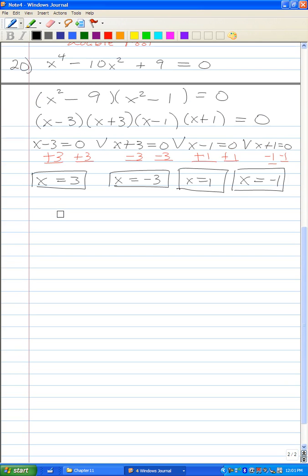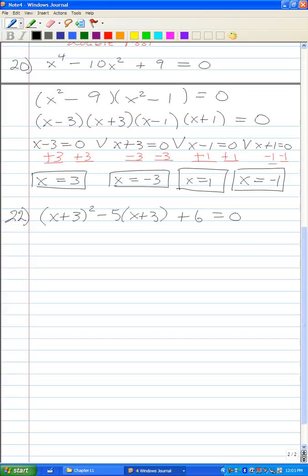Let me do problem number 22. In exercises 21 through 40, solve the equation by using an appropriate substitution. And so x plus 3 squared minus 5 times x plus 3 plus 6 equals 0.